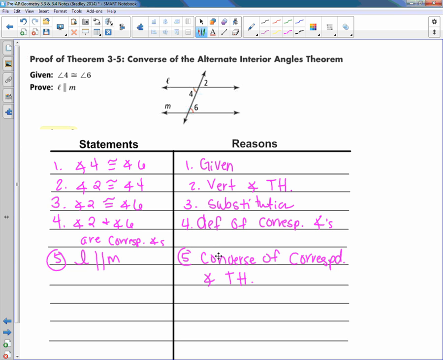But you'll need to be familiar, again, with when to use which one. Now, why could we not use alternate interior angles as one of our reasons? Yeah, because that's what we were proving, right? So we couldn't use it because we were proving it. Now, if we weren't using that particular theorem as our proof, we could have used that.